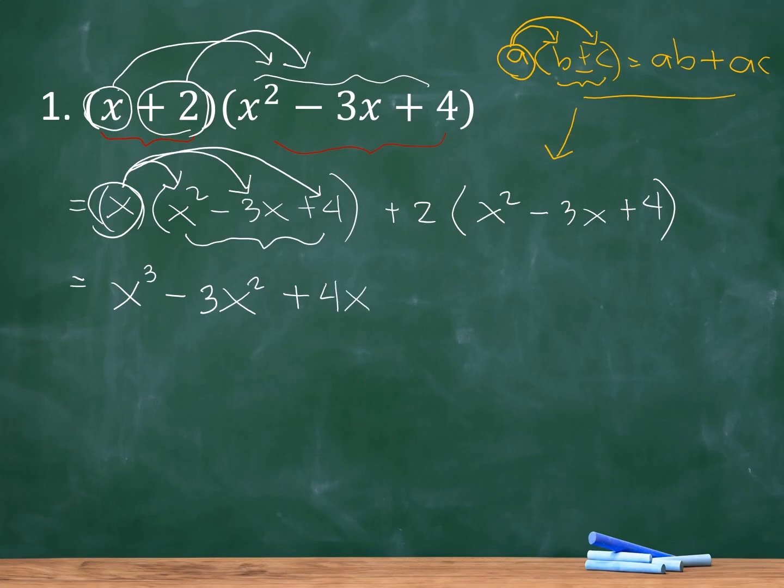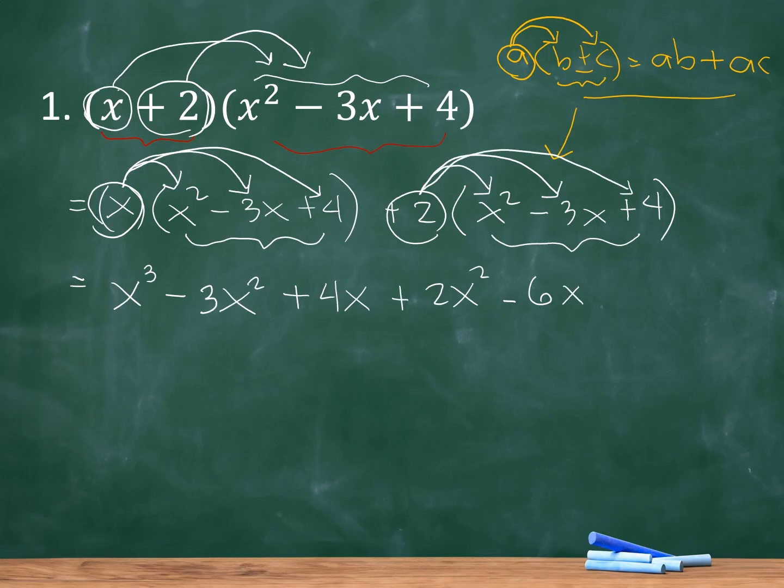Okay, so this time we will distribute positive 2 to each of the terms inside this parenthesis. So positive 2 times x squared, so that's positive 2x squared. And then positive 2 times negative 3x, that's negative 6x. And then positive 2 times 4, that's positive 8.